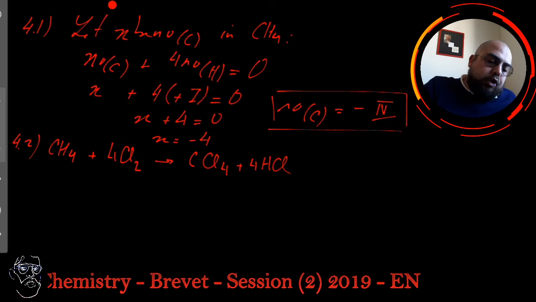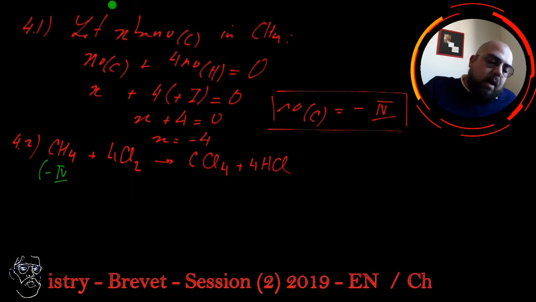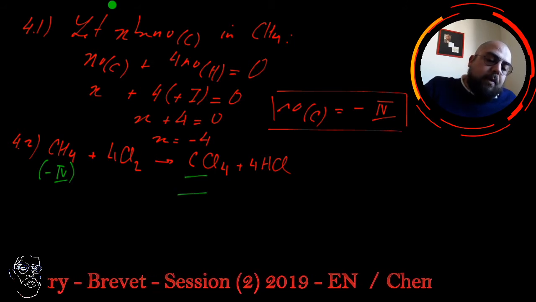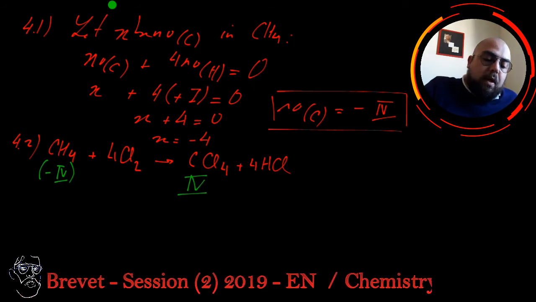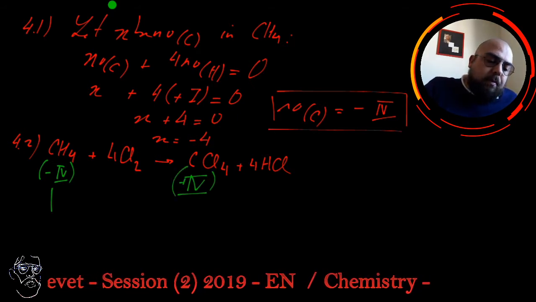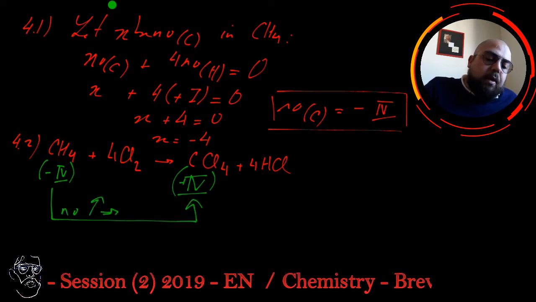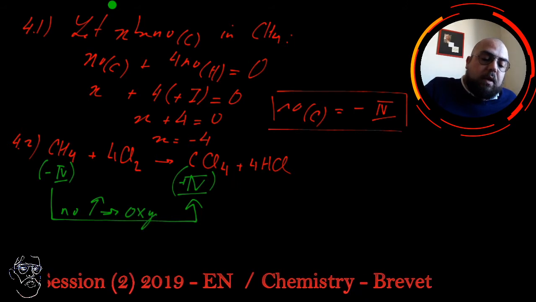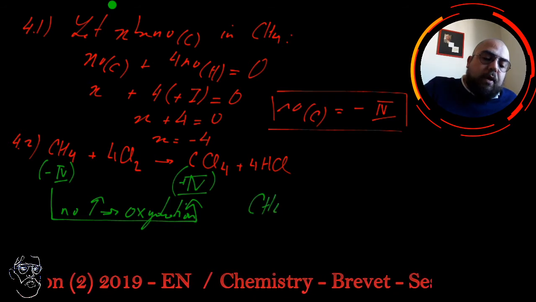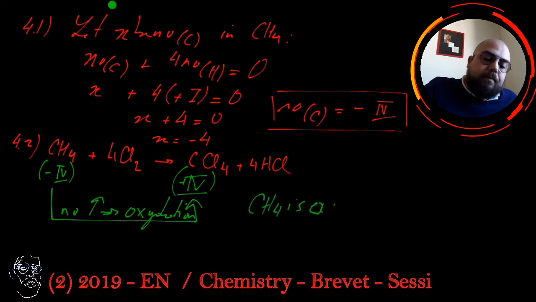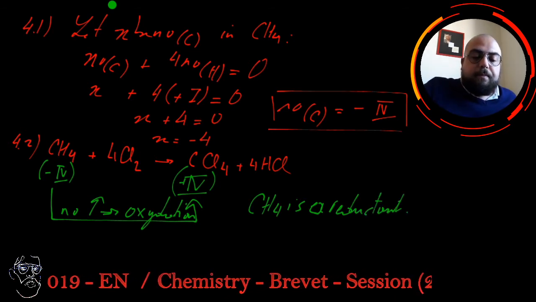The oxidation number of carbon in CH4 we already calculated, it's minus 4. As for the oxidation number of carbon in CCl4, it is plus 4. So as you can see, the oxidation number goes from minus 4 to plus 4, it is increasing. So the carbon is going through oxidation. Since we have an oxidation, CH4 is a reductant. This is how you justify your answer.